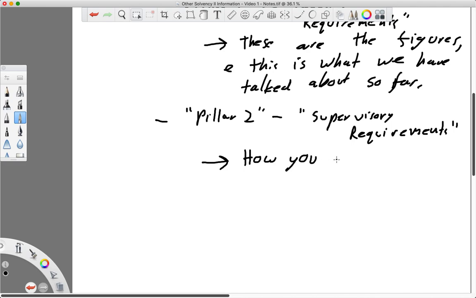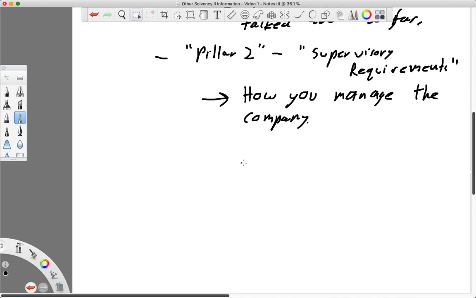So this tells you how you should manage the company. So how do you handle risk in the company? Do you make sure that risk is talked about at board of directors level? All this kind of thing. What kinds of groups you need in the company and how they should report to each other. All of this kind of thing is captured under Pillar 2.